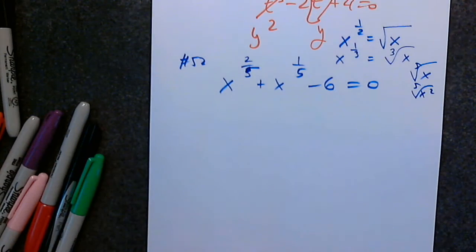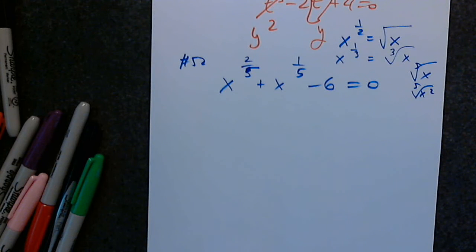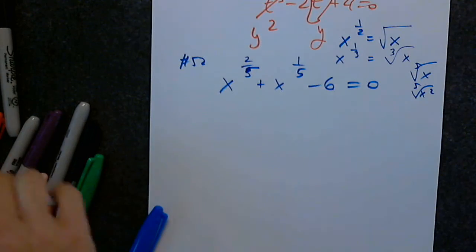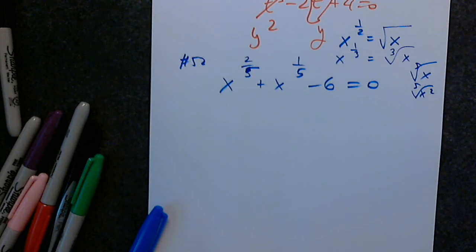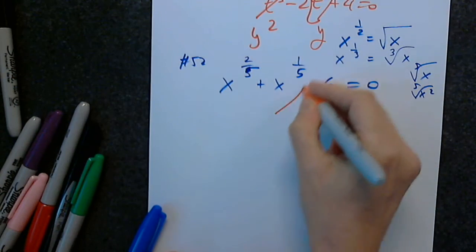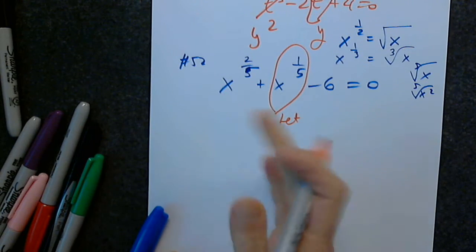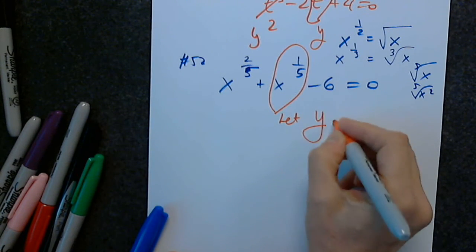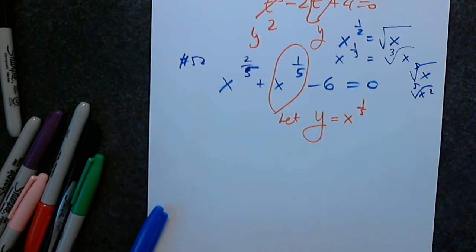So what is my other hope? I hope that this equation is quadratic in form. Which of the two is the smallest power? Right. So I'm going to say let y be x to 1/5.